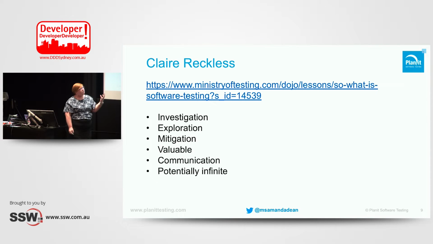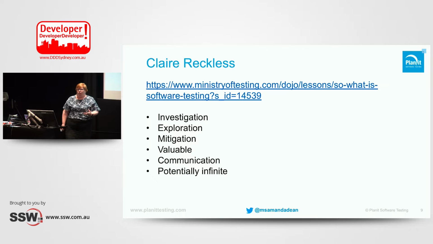Another definition I really like is by a woman called Claire Reckless. She's from the UK. There's a really detailed blog post that covers all of this, which is what the link is for. But she talks about characteristics of testing, where testing is about investigation, exploration, mitigation. When she talks about it being investigation and exploration, it's not just that we go and run a specified set of test steps.